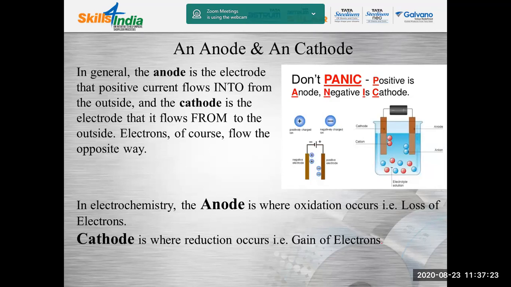Electrons, of course, flow the opposite way. In electrochemistry, the anode is where oxidation occurs, that is loss of electrons, and the cathode is where reduction occurs, that is gain of electrons.